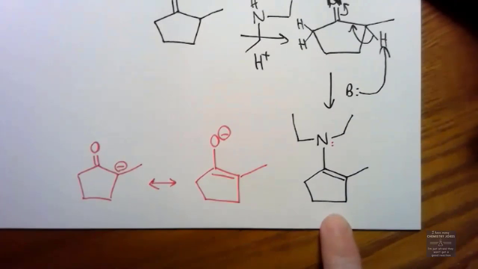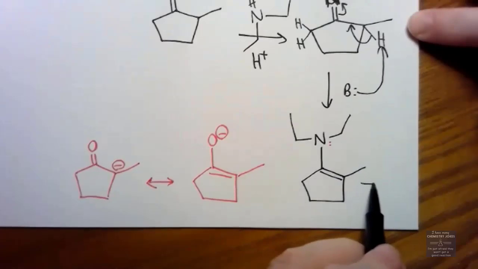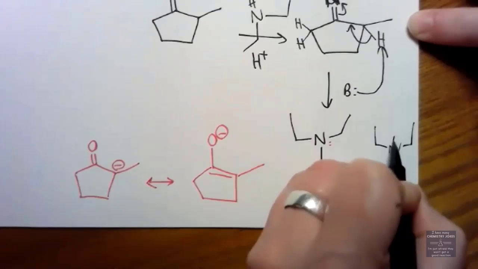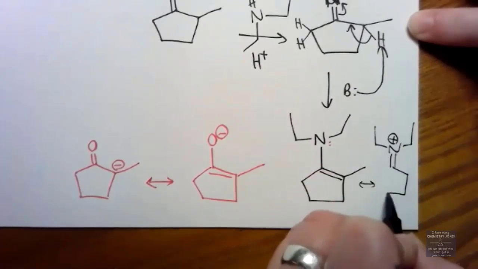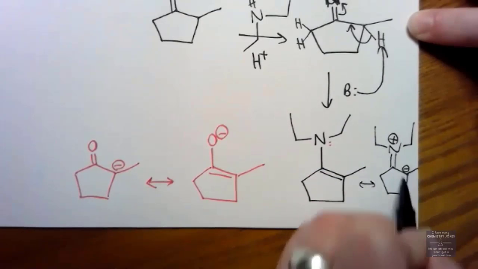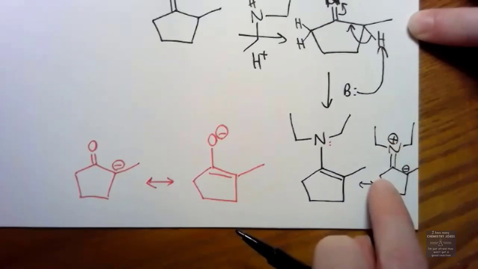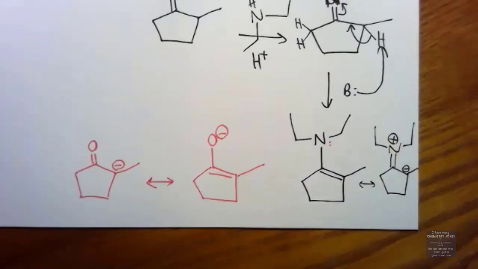This enamine can be drawn as this enamine, or you can draw the resonance version where it's iminium looking. It's squeezing over here in the corner. Iminium, carbon with a minus, nitrogen with a plus.